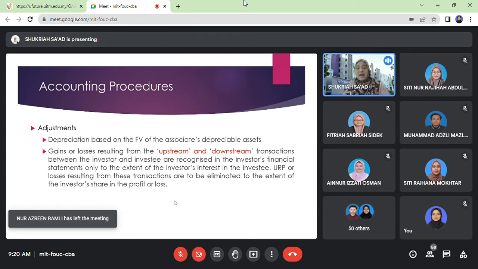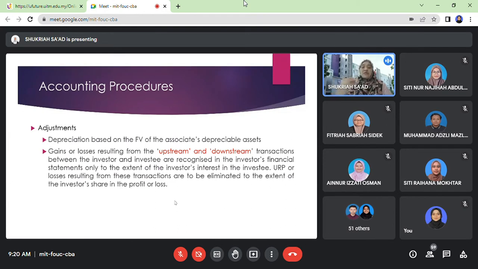At the same time, we also need to know whether the holding company sold the asset to the associate, or whether the associate sold the asset to the holding company. Meaning to say that we need to identify who is the seller. For the upstream, the seller is the associate. Downstream, the seller is the holding company.